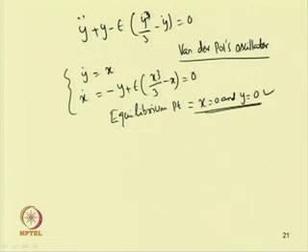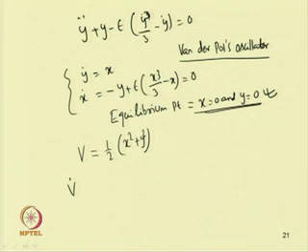So, we have to check whether this equilibrium point is stable or not. We can take a Lyapunov function. Let us take a Lyapunov function V equal to half into (x square plus y square). So, this is a positive definite function. This is always positive for all values of x and y. Now, from this equation we can write V dot. If you differentiate, V dot equal to half into 2 into x into x dot plus half into 2 into y into y dot.